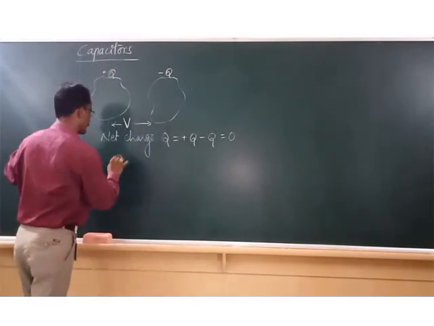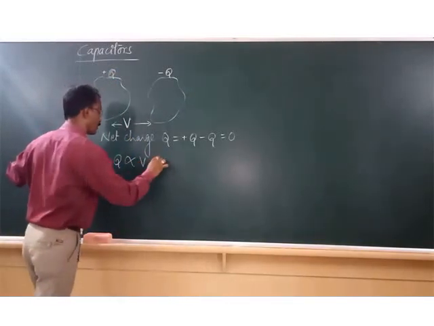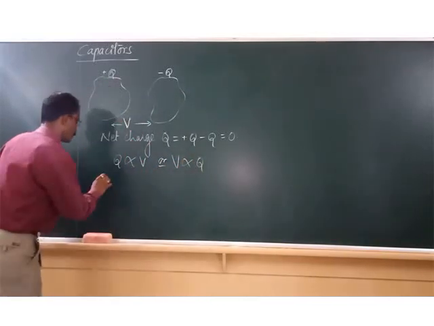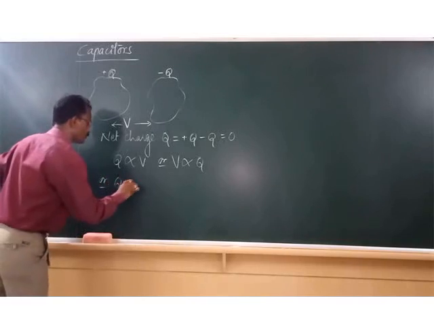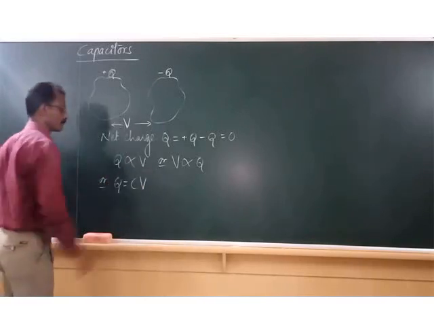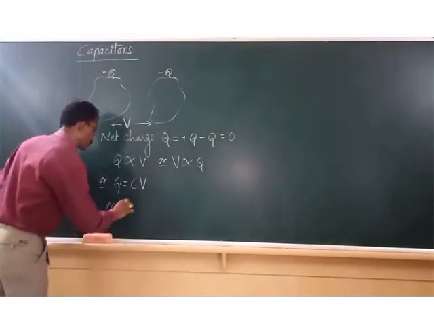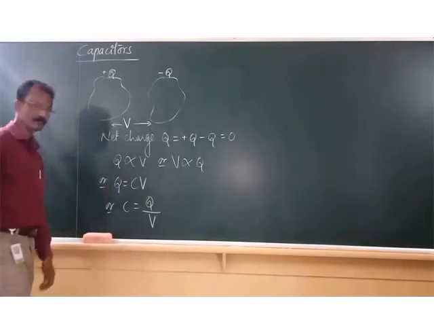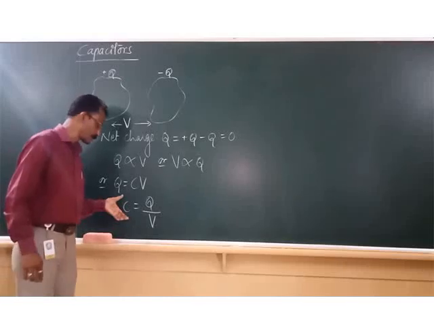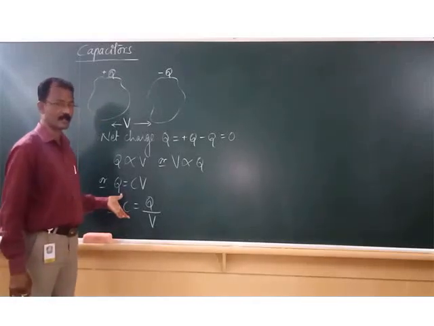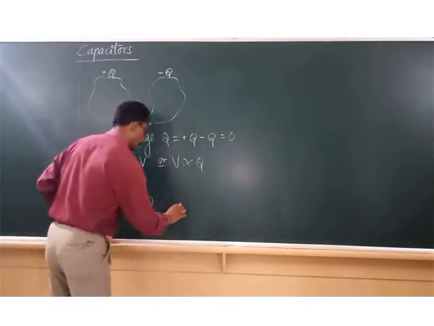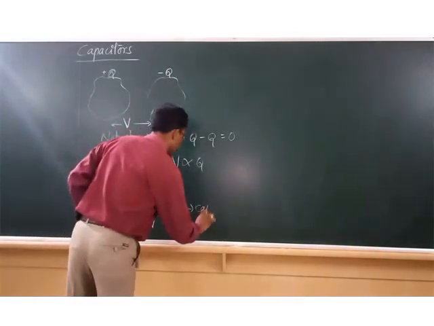That is, q is proportional to V, or q is equal to C into V, or C equals q by V, where C is the constant of proportionality. This C is called the capacitance of a capacitor.